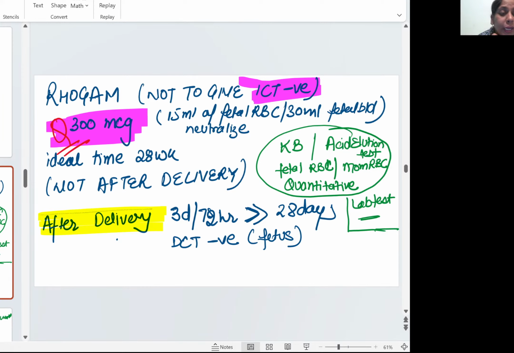Now tell me, what is the ideal time to give Rogam? Is it at 28 weeks or after delivery?